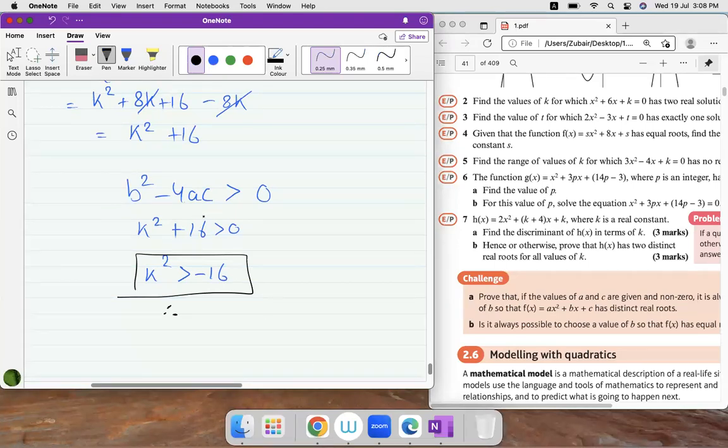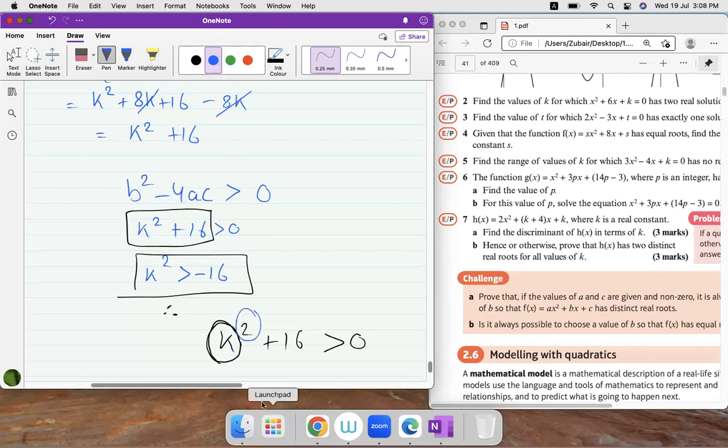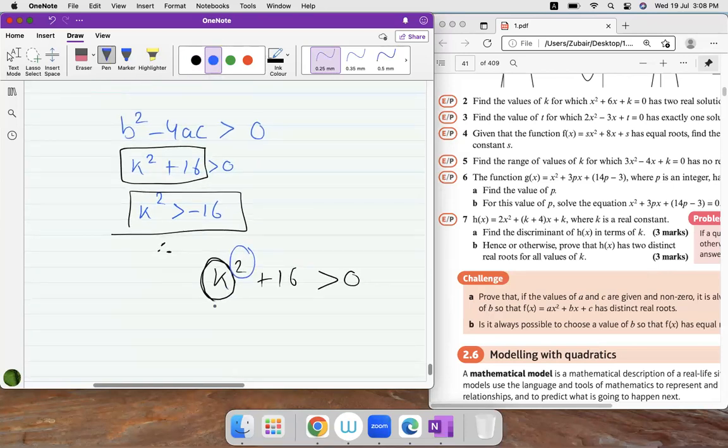One more reason you can say, for any value of k, if you look at this, if I say k square plus 16 is greater than 0, whatever value of k I use, this square will turn it into a positive value. Example, I use minus 2, this square will change it into a positive value and it is greater than 0.